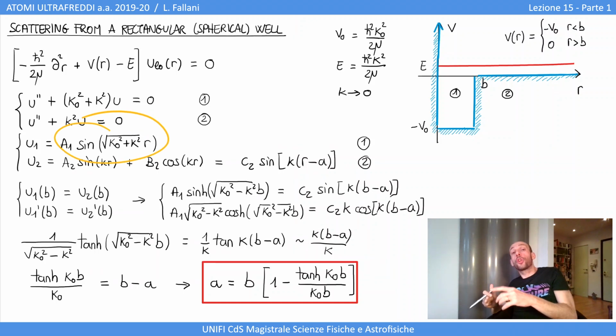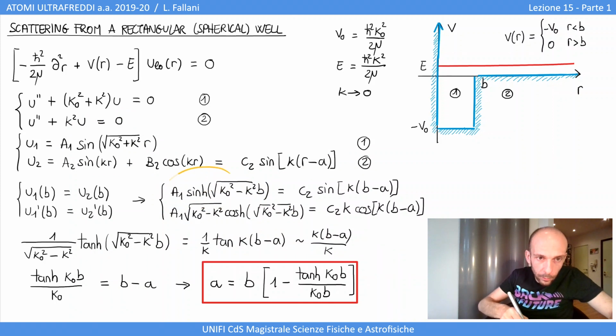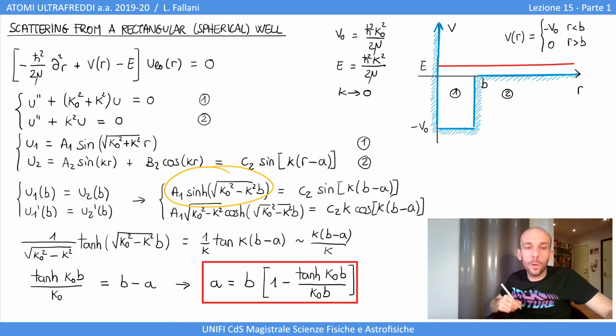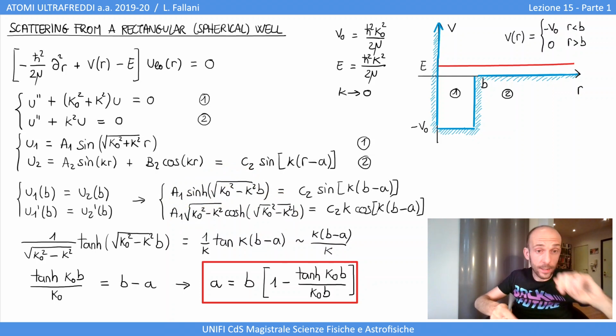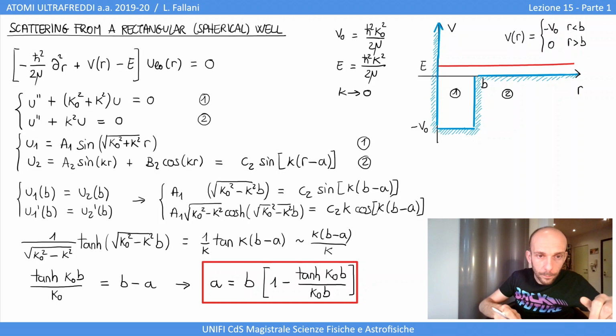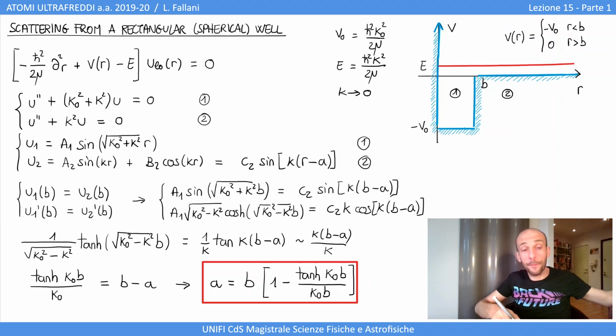And then we need to change the continuity equations, and in particular the two expressions at the left-hand side. So in the first equation we have just the sine, again, of the square root of k0 squared plus k squared. On the right-hand side, nothing changes.